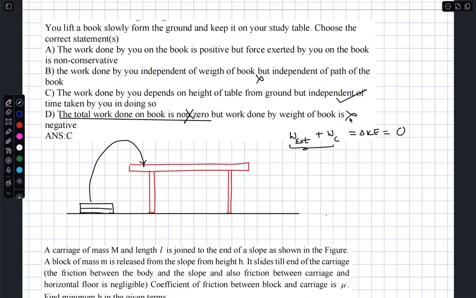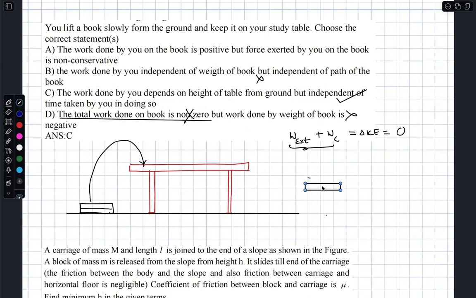Again, the work done by you on the book is positive, but force exerted by you on the book is non-conservative. Actually, I should say that is wrong, because suppose this is the free body diagram of the book.